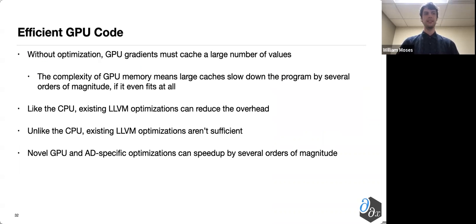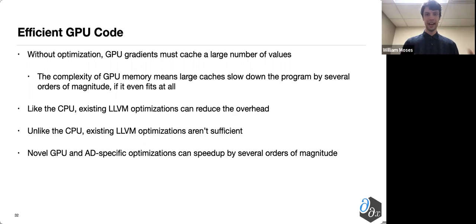From here, we then said, okay, if we go and run it, what comes out of it? And it turns out that GPUs, even with taking all of this into account, can often be quite slow for non-highly optimized programs. Specifically, if we were to do the same experiment we did earlier for the CPU program, where we were to run the reference pipeline, that's Enzyme with no pre-processing optimization, Enzyme, or these GPU gradients, would have to cache a huge number of values.